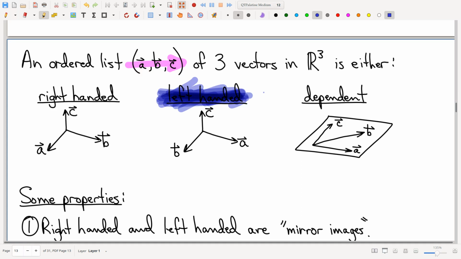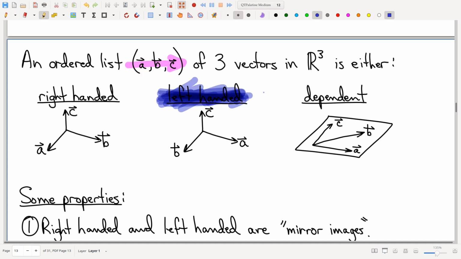And yeah, index in the direction of the first vector, middle finger in the direction of the second vector. And now unavoidably my thumb is pointing on the wrong side of the plane compared to C. So this is not a right-handed list, but it's a left-handed list. Anybody see what I mean?